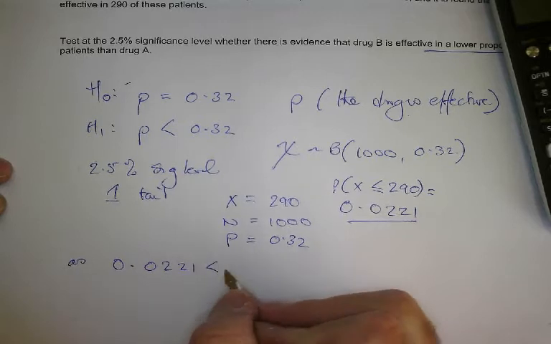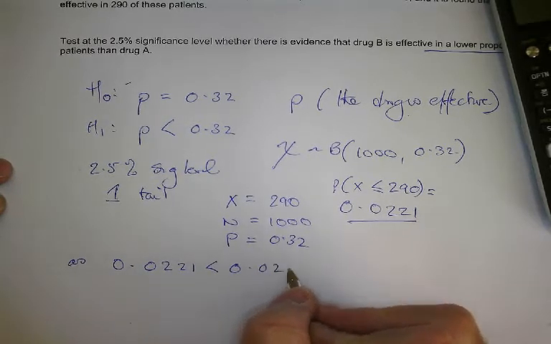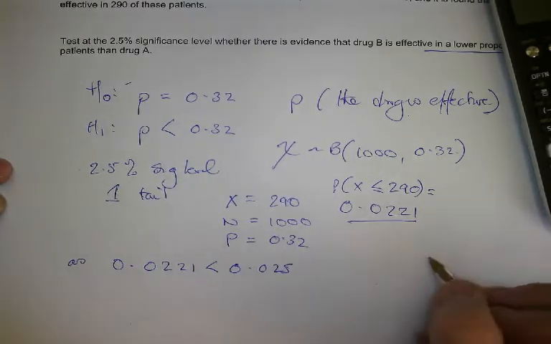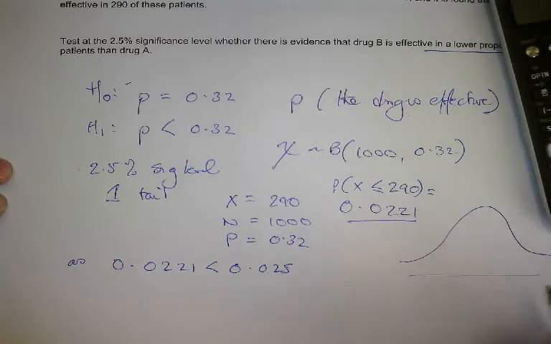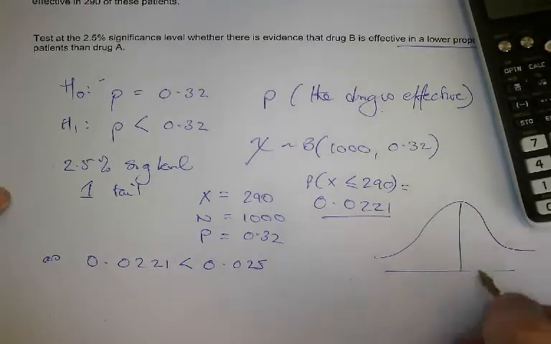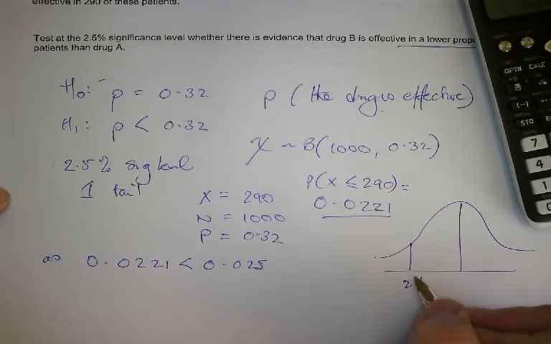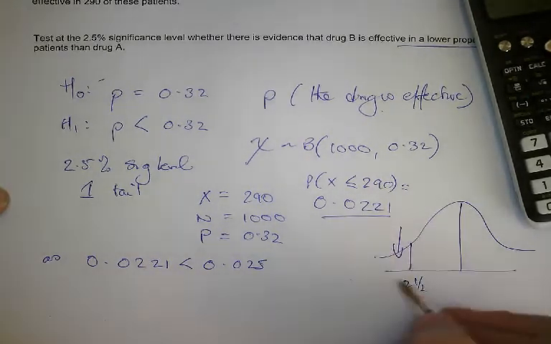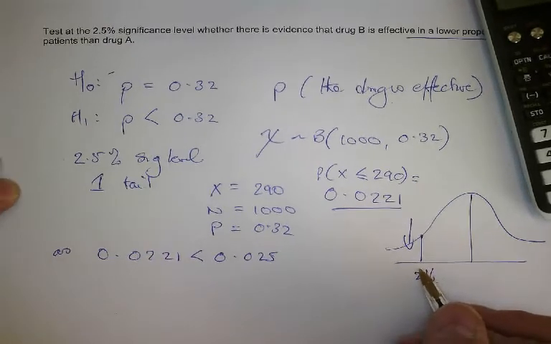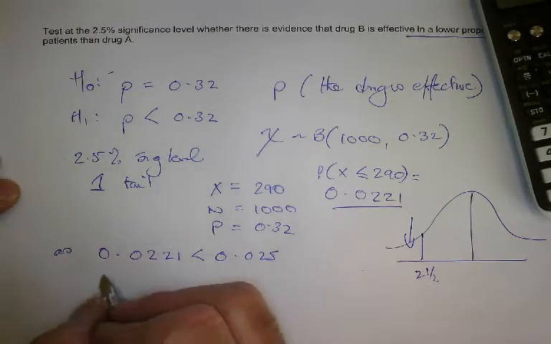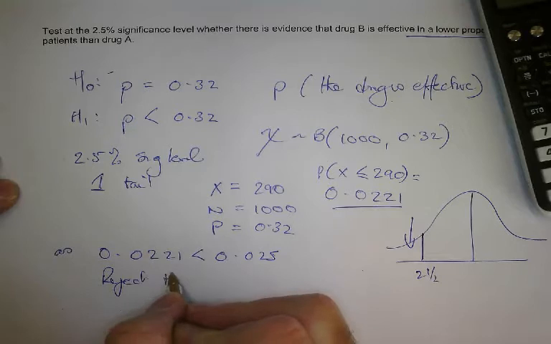This is less than 0.025. Because it's less than, it means if I was to draw it like this as an illustration, I know this is normal, but as an illustration, if that was the 2.5% marker, ours is here. And that means, therefore, that you reject the null hypothesis.